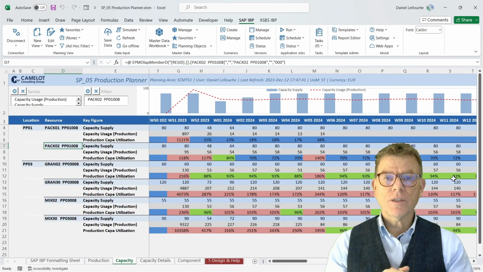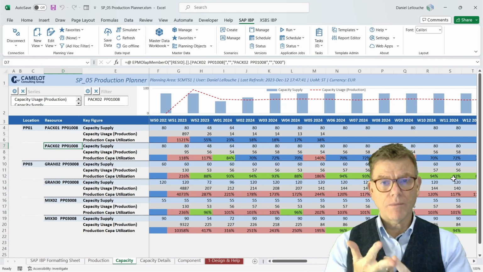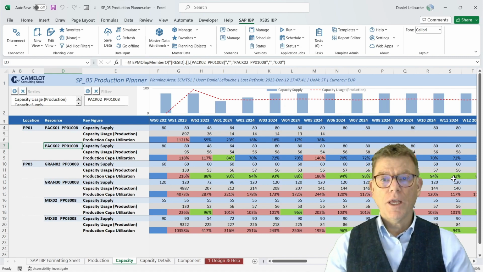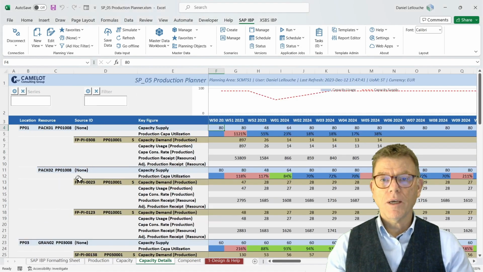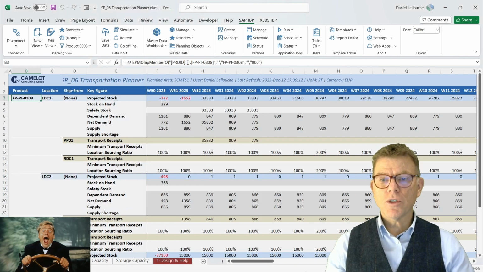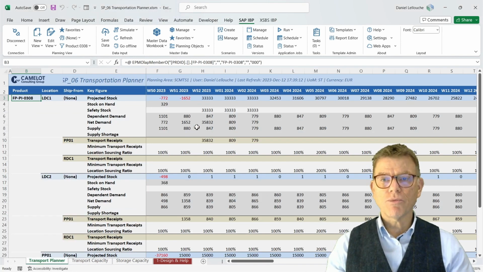Then as a summary of this demonstration, we've seen the master data for production, for transportation, for material handling, and for storage resource. Here we see the result of production resource being used by the planning at an aggregated level of resource, or even at a detailed level of each resource being consumed by product, like it is the case here with this resource being consumed by the two, or from the transportation planner outputs that we have here, related to the transportation.